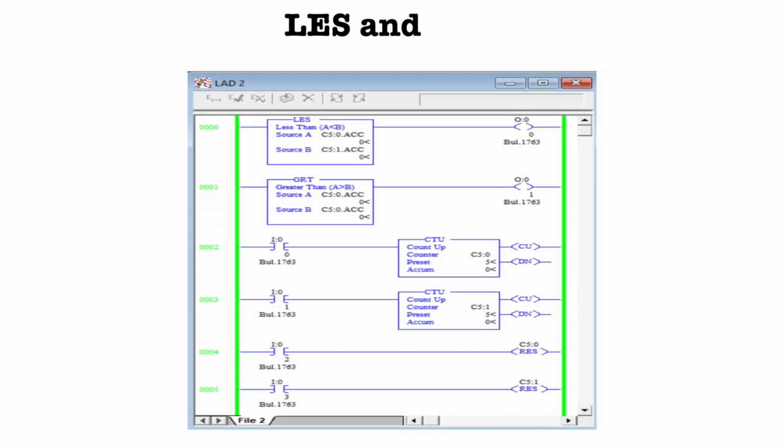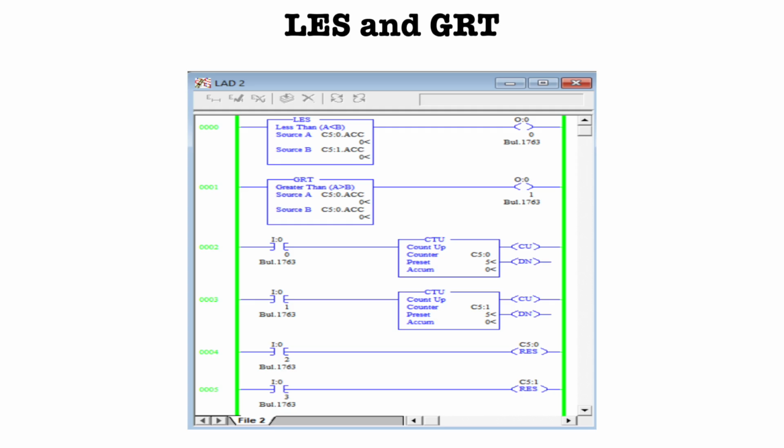Let's take another example related to the LES and GRT instructions, right? In this case, LES means less than and GRT means greater than. You can see in the diagram the LES instruction is connected in the first rung, and the GRT instruction is connected in the second rung.